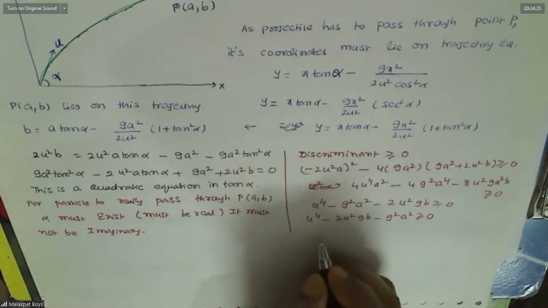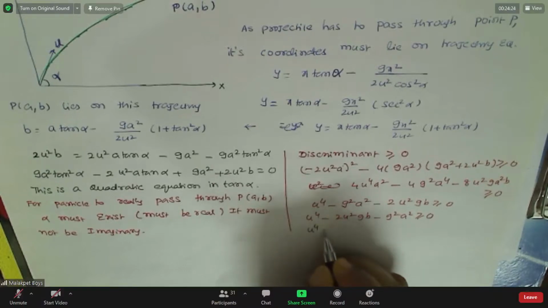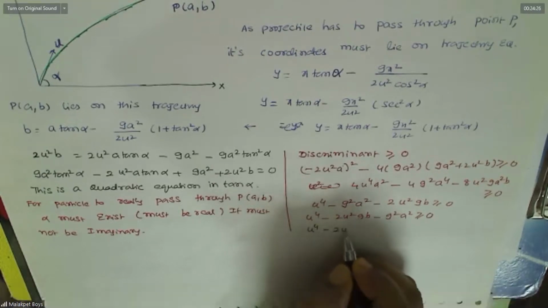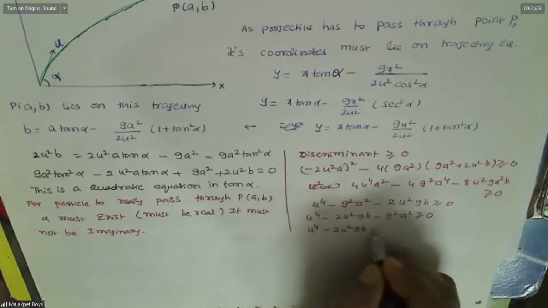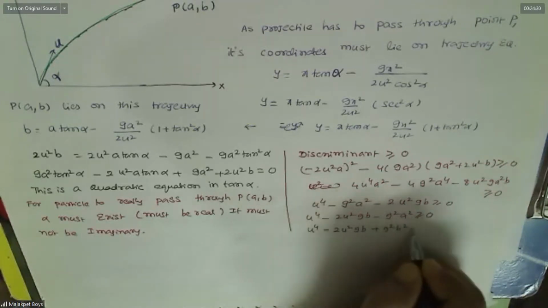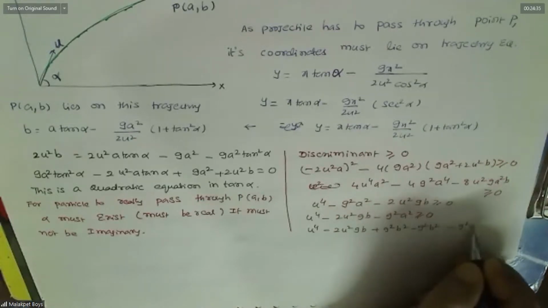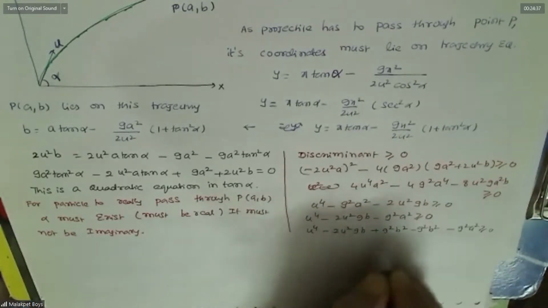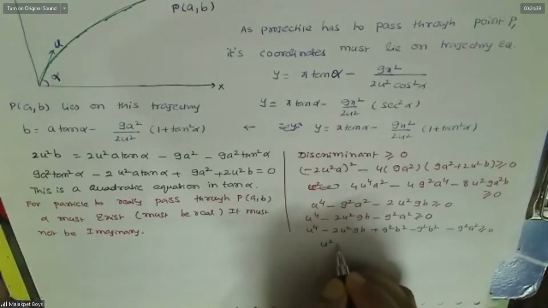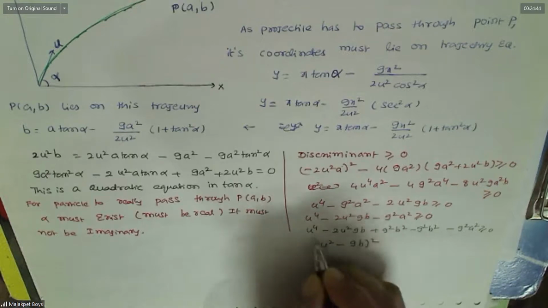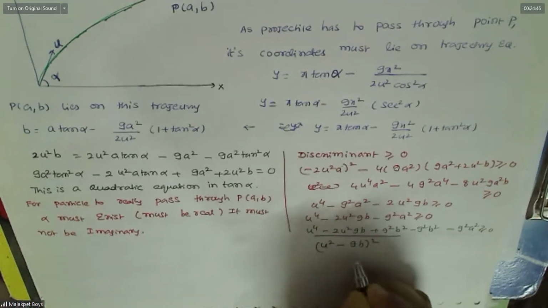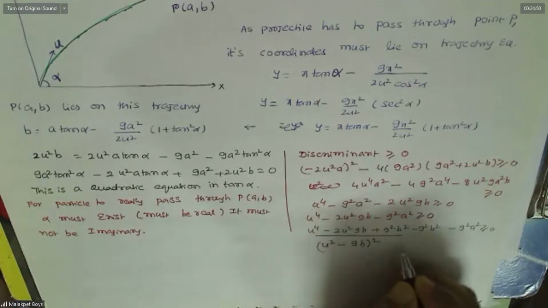See, now, you have to factorize this. So I'll add g square b square and subtract b square g square. Then this whole thing will be u square minus gb whole square, no? Is it correct? Agreed.